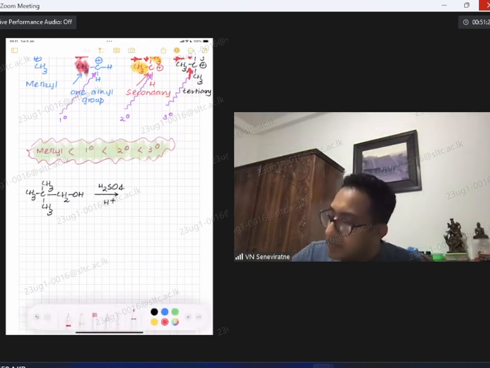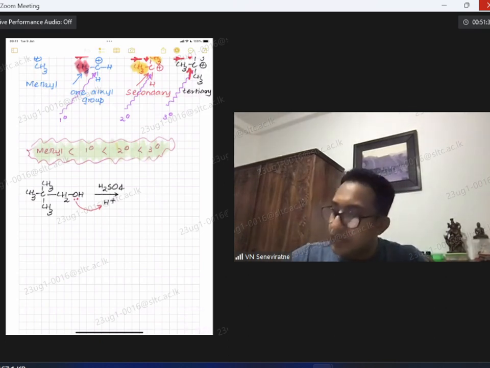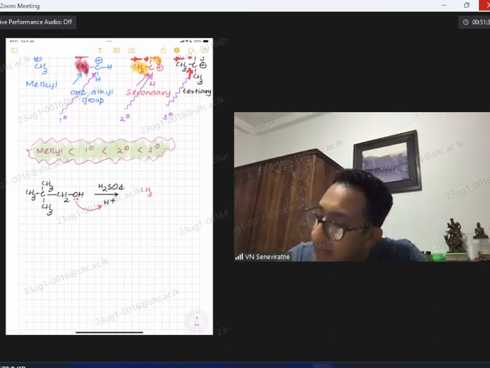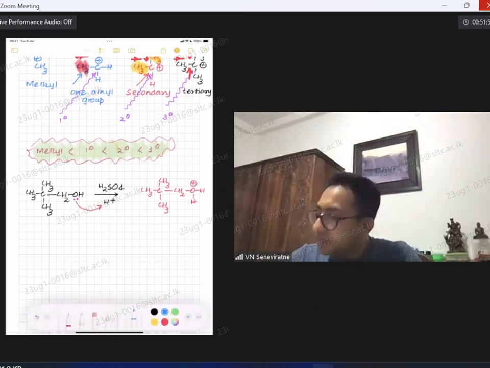When you have H plus, first thing that will happen is this lone pair will capture the H plus. It will take the H there, right? When you take the H there, see what is going to form. Now you all know CH2, this one is OH, and then H, and then positive charge, right?